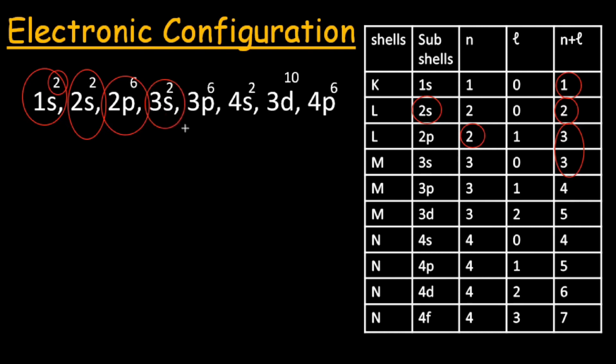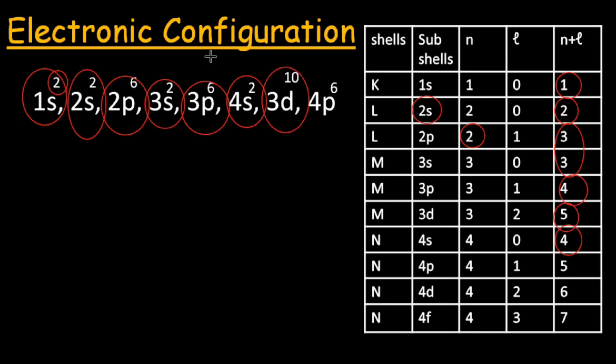Then 3s will be filled with 2 electrons, then 3p, and then 4s, because 4s has smaller n plus L value than 3d. 4s will be filled first with 2 electrons and then 3d will be filled with 10 electrons.